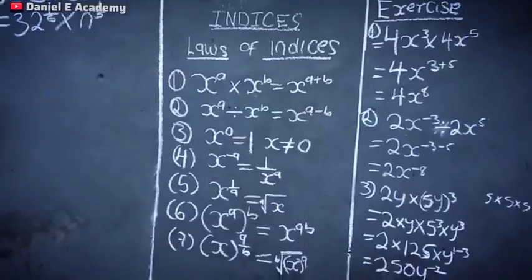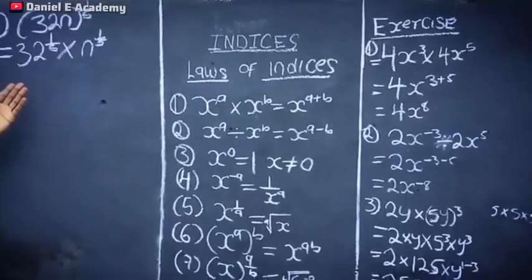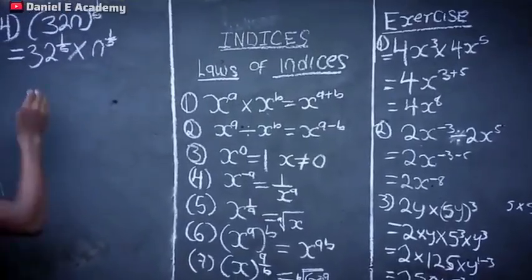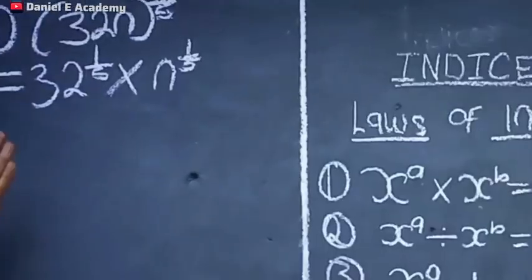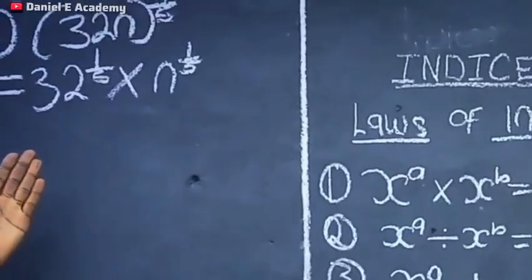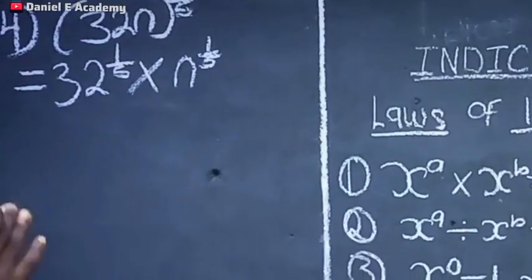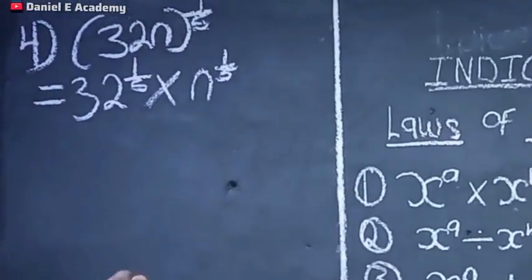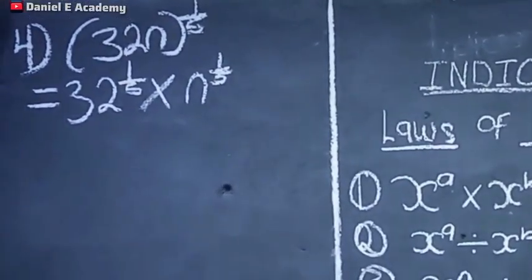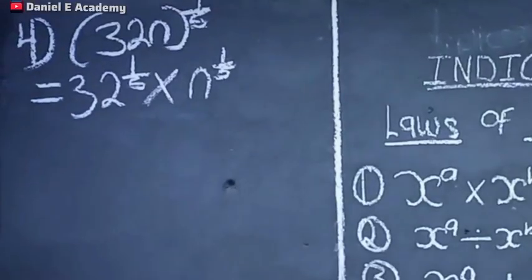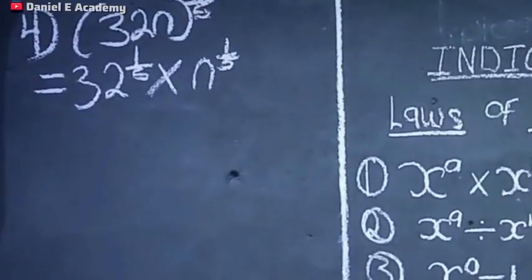We can do this in two ways. We can either take the fifth root of it, or we break this into smaller form. You want to break 32. 32 can be 2 power 5, which is 2 times 2 times 2 times 2 times 2. Whichever way you choose to solve it is the way you prefer.